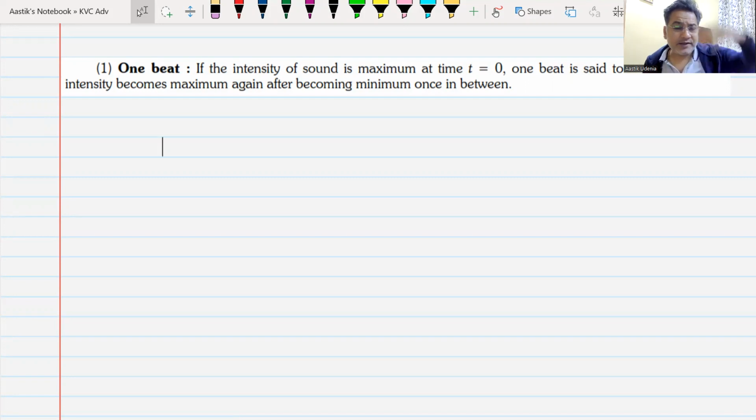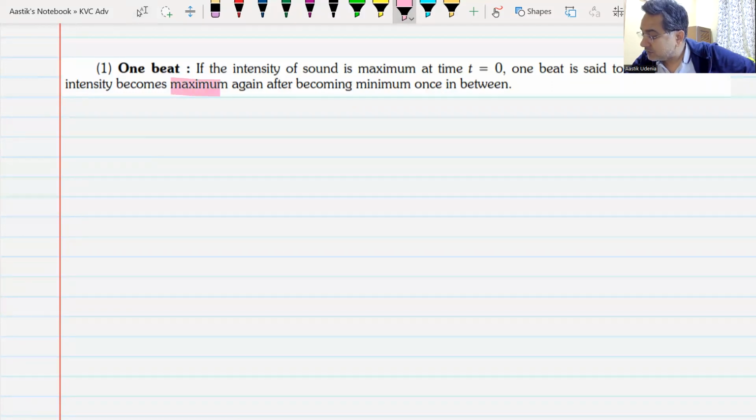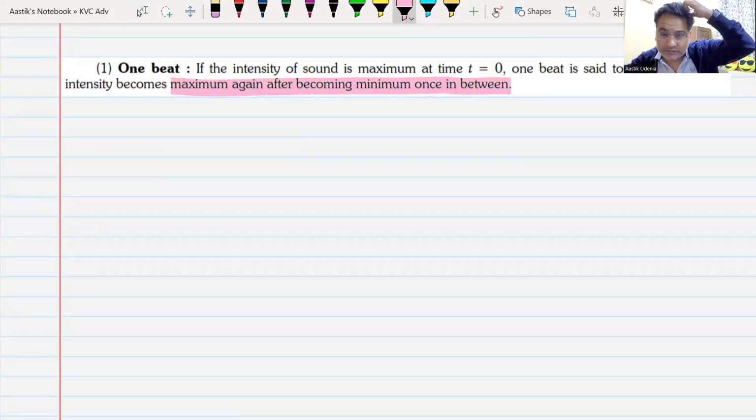So you are going to hear maximum intensity, minimum intensity, maximum intensity, minimum intensity, and so on. Between one maximum and the other maximum, we say that there is one beat. One beat is said to be formed when intensity becomes maximum again after becoming minimum once in between.